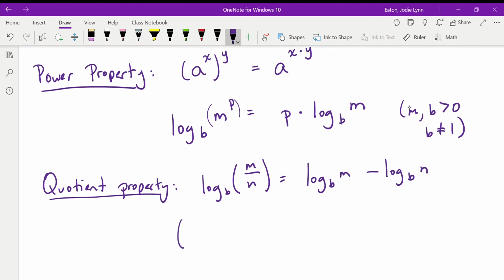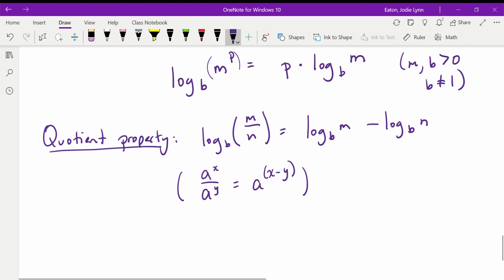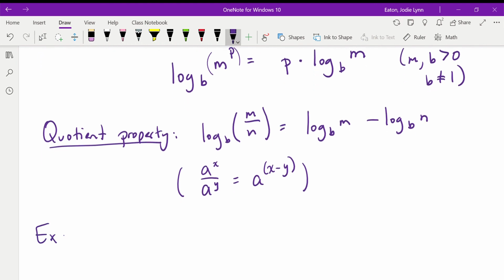And our exponent property that goes with that is a to the x over a to the y equals a to the x minus y. So again, we're linking division and subtraction. Okay, so example 8. And since we've linked in exponents, addition and multiplication are linked, division and subtraction are linked, dividing is how we get our negative exponents because division is linked to subtraction of the exponent.